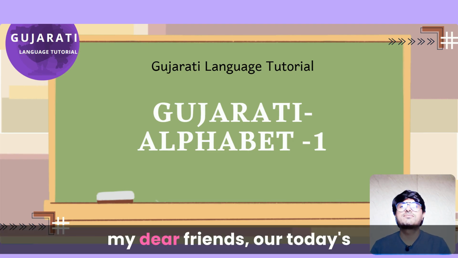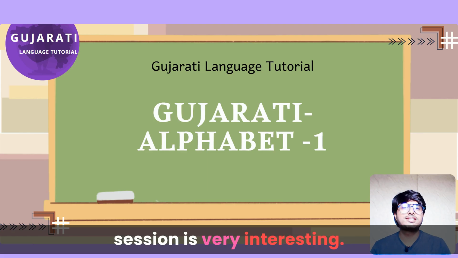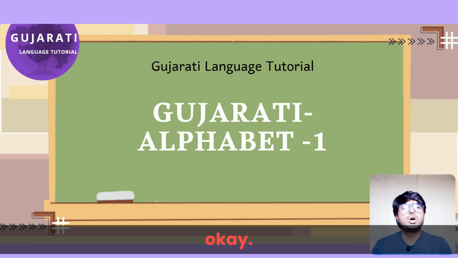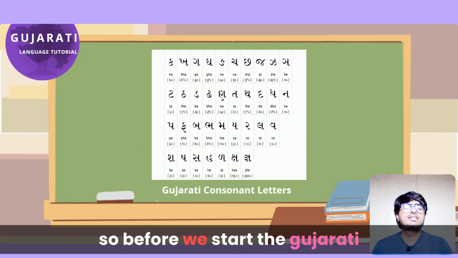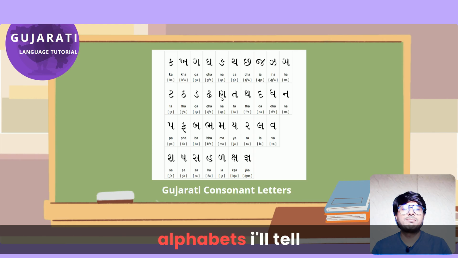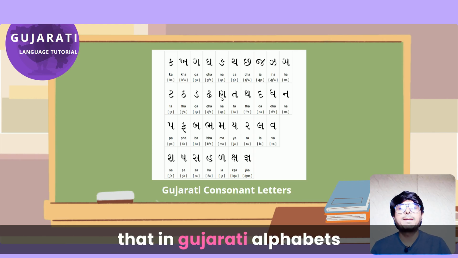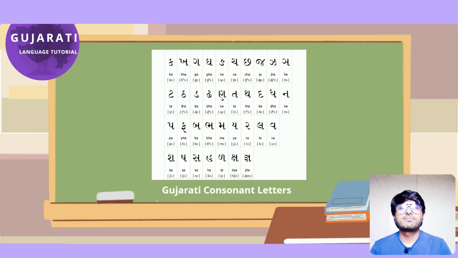My dear friends, our today's session is very interesting because we are going to learn Gujarati alphabets. Before we start, I'll tell you a glimpse: in Gujarati alphabets we have a couple of vowels and some consonants.